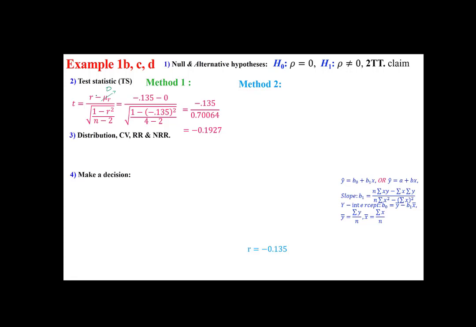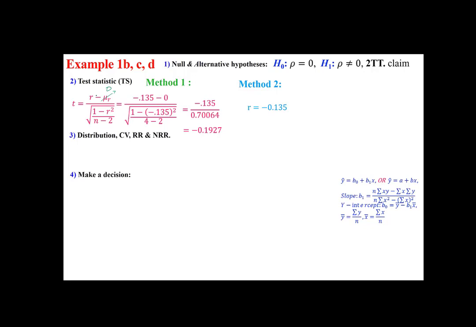For method 2, you really don't have to do anything. r is calculated already, so that's your answer. So what is the test statistic? For method 1, you calculate the t value. For method 2, which uses the Pearson coefficient, you just use the value of r.